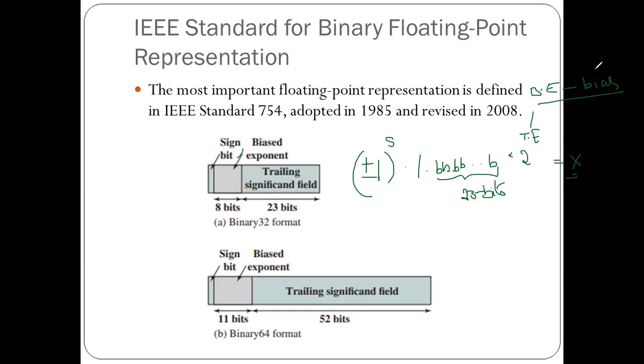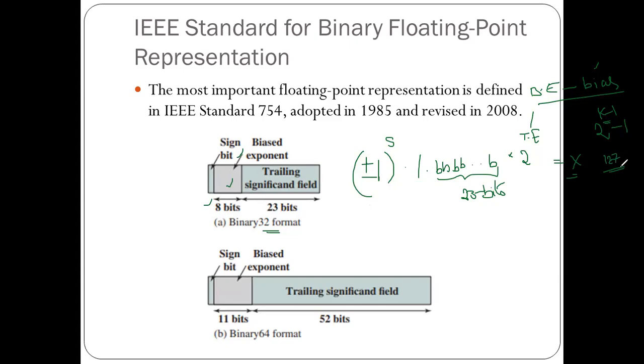Here the bias value is 2 power k minus 1, minus 1, where k gives the number of bits reserved for the exponent. For the single precision format, k is 8, so the bias value is 127.